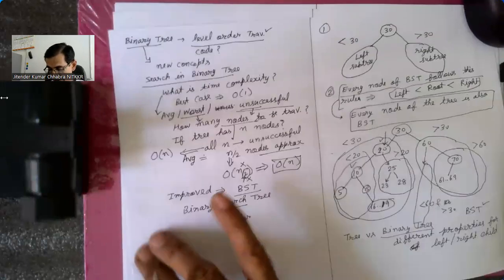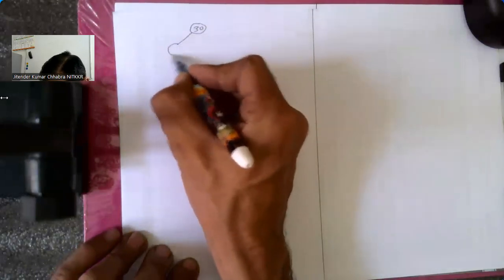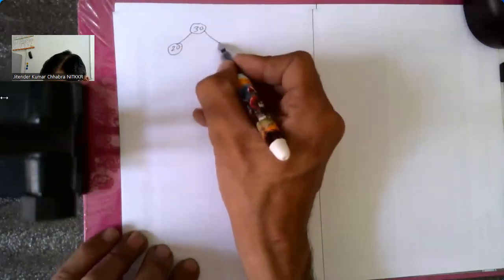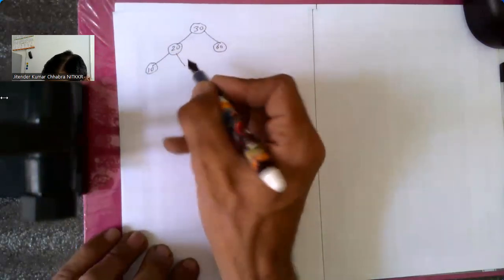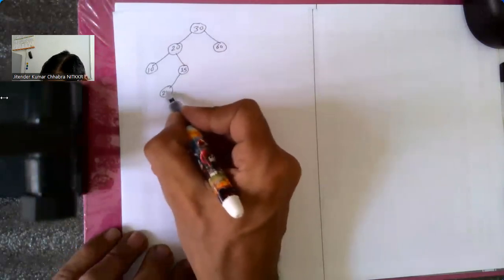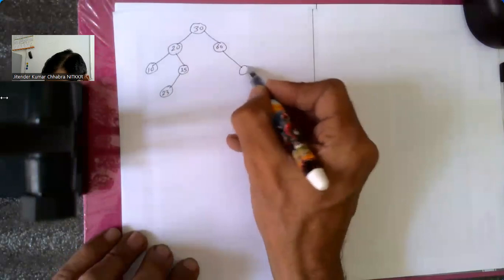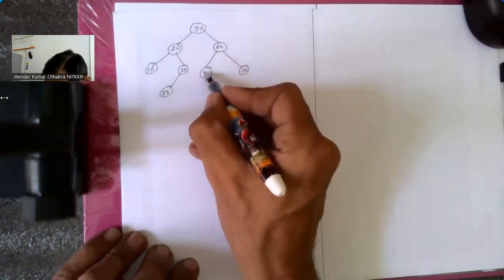Going further, let's understand this. This is a sample BST. Here I have, let's say, 20. This side I have 60. Here I have 10. Here I have 25. This side I can have 23. This side I can have 70. This side I might have 50.